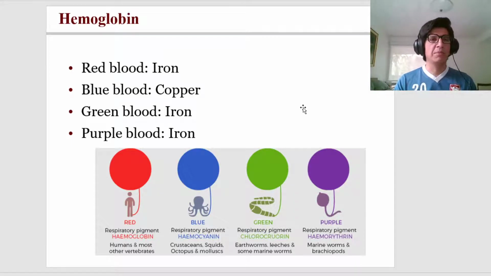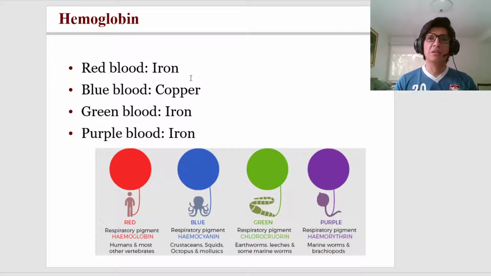Now we mentioned red blood cells, but we also have blue blood cells, green blood cells, and purple blood cells, and that is dependent upon the metal used to bind to oxygen or CO2. In the case of red blood cells, you have iron. In the case of hemocyanin, you have copper. Green blood and purple blood have iron as well.